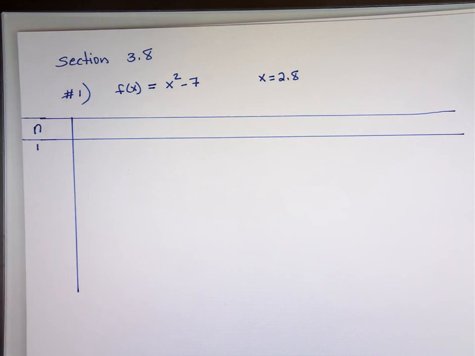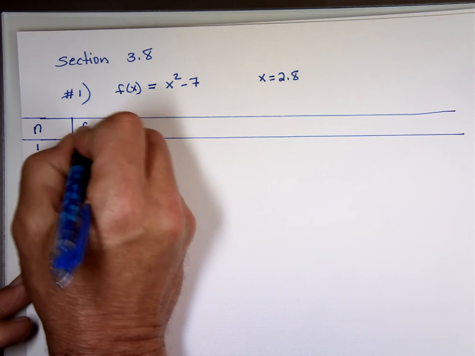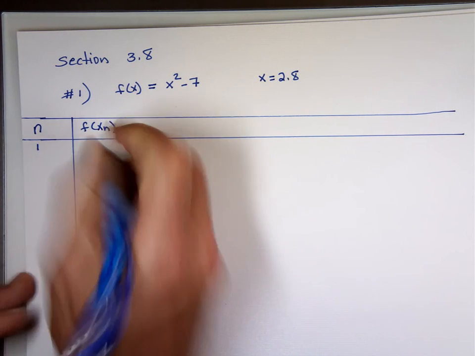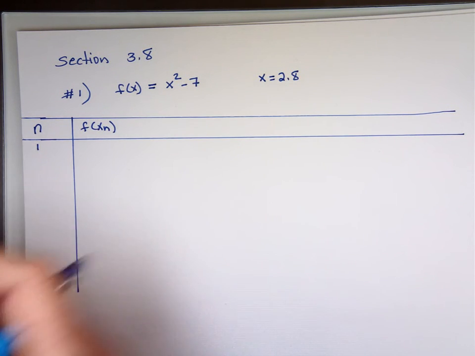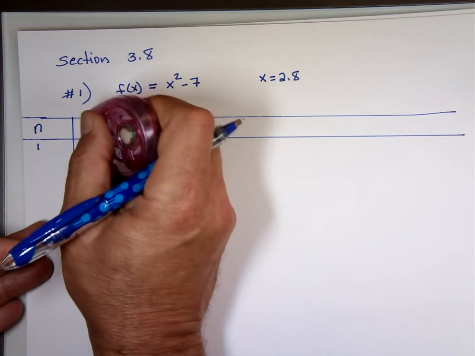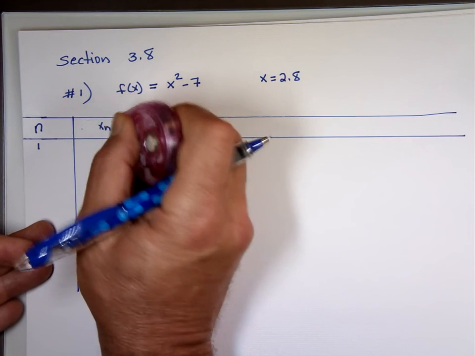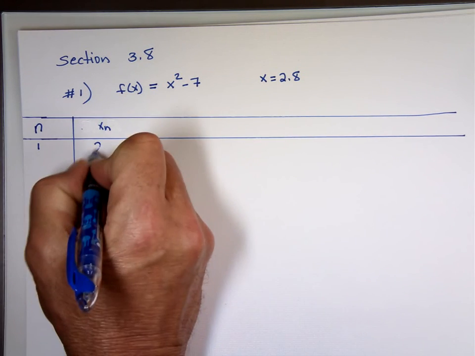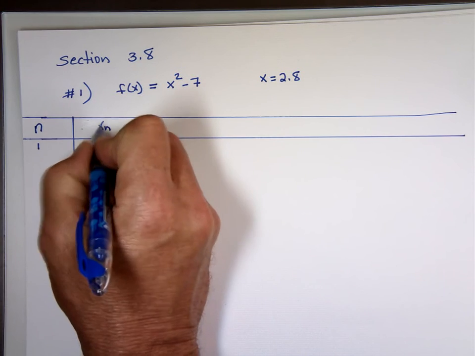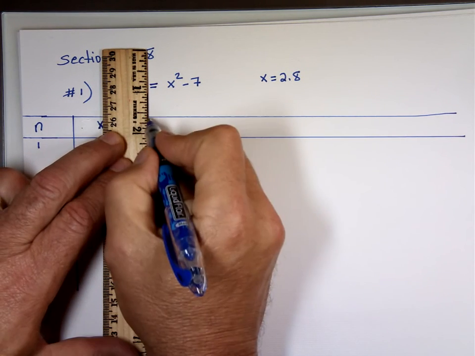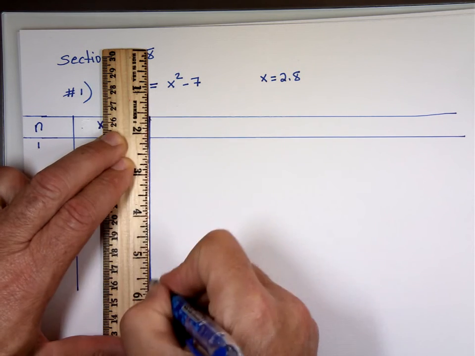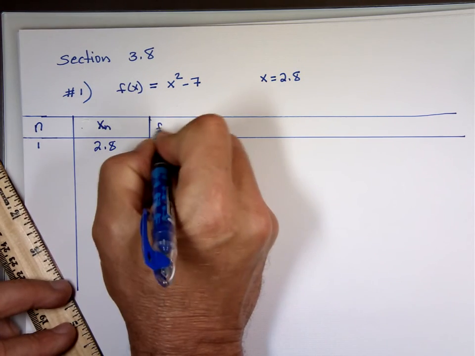What's f of x of n? So when x is 2, let's write x of n first. So I'm going to use the 2.8 first. Then let's do the value, see if that's an answer. Sometimes you're lucky, that number happens to be an answer. I guarantee you not here.